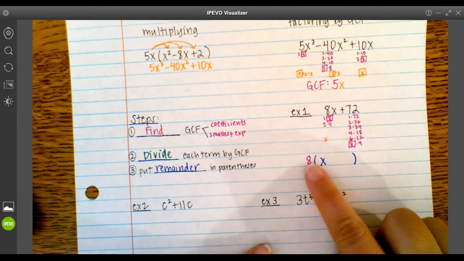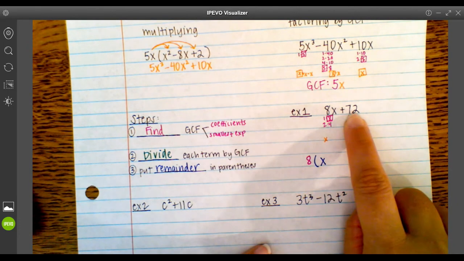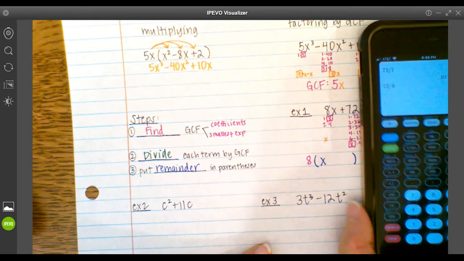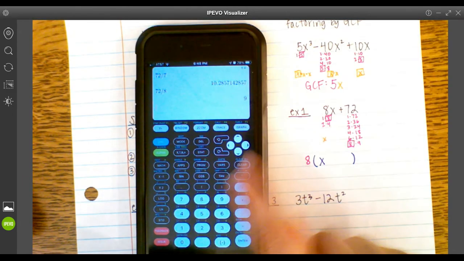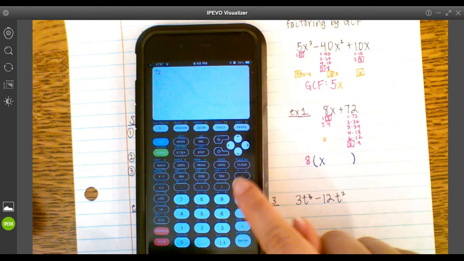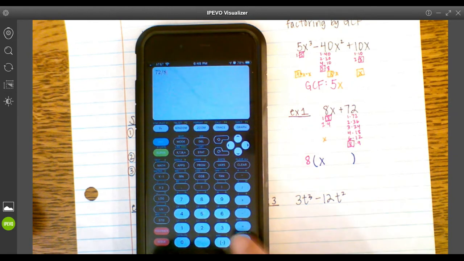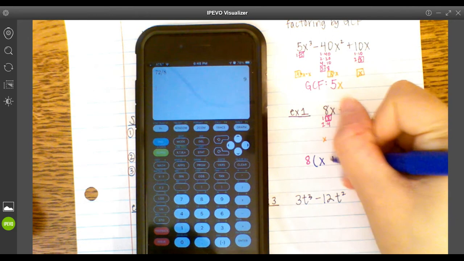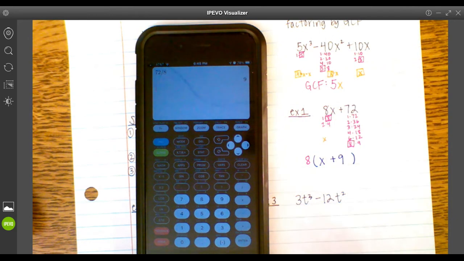Now, if we want to figure out what times 8 would make 72, we just need to take our handy-dandy calculator and take 72 divided by 8, which is 9. So we have a plus 9 remaining. So guys, this is your factored form.